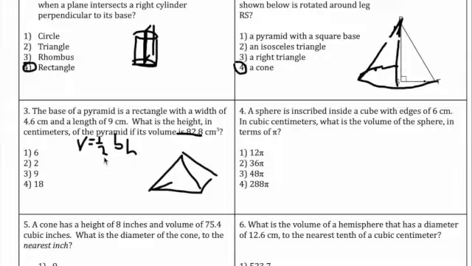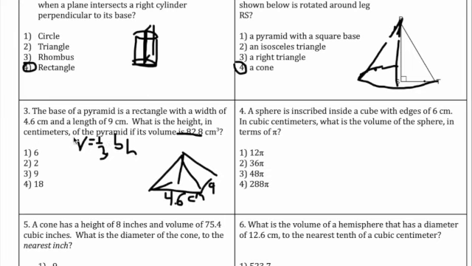Okay, this is a 3. And so we have a rectangle with a width of 4.6 centimeters and a length of 9 centimeters. And then it has a height of, oh, we're looking for the height.